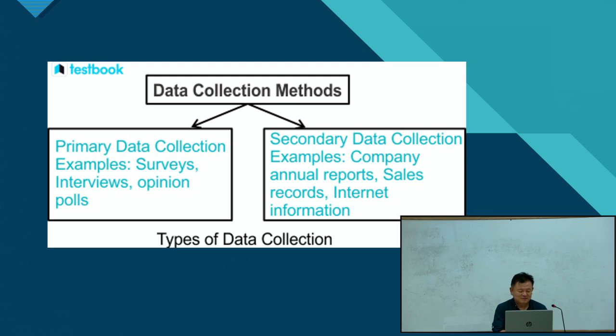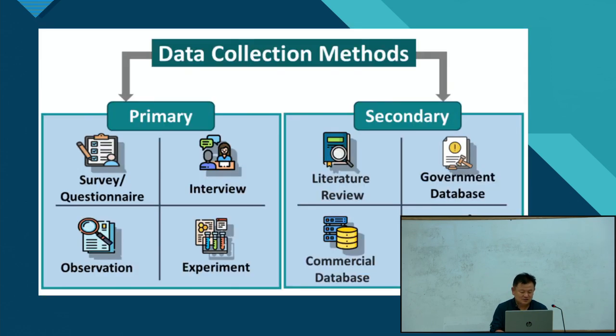Data collection methods are two things: primary data and secondary data. The other researchers show these pictures. Primary data examples are survey, questionnaire, interview, observation, experiment, and focus group.